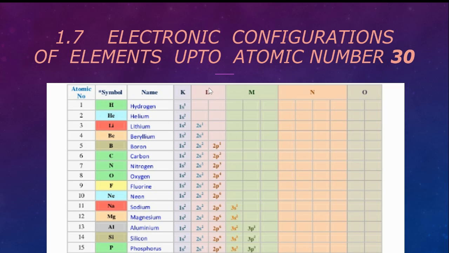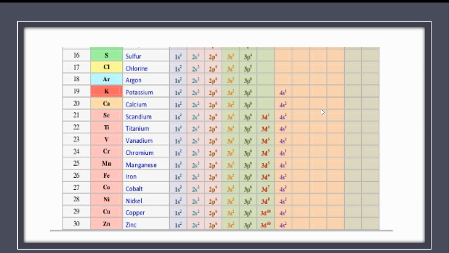K will have only s, L will have s and p, M will have s, p, d, and N will have s, p, d, and f. Likewise for the remaining elements, from sulfur to zinc. In that manner we should write, and 2 elements show anomalous configurations.